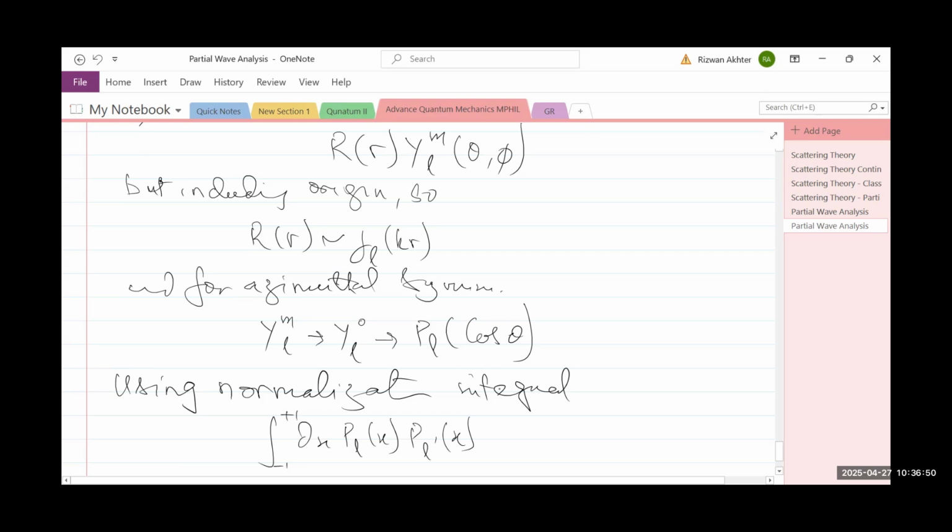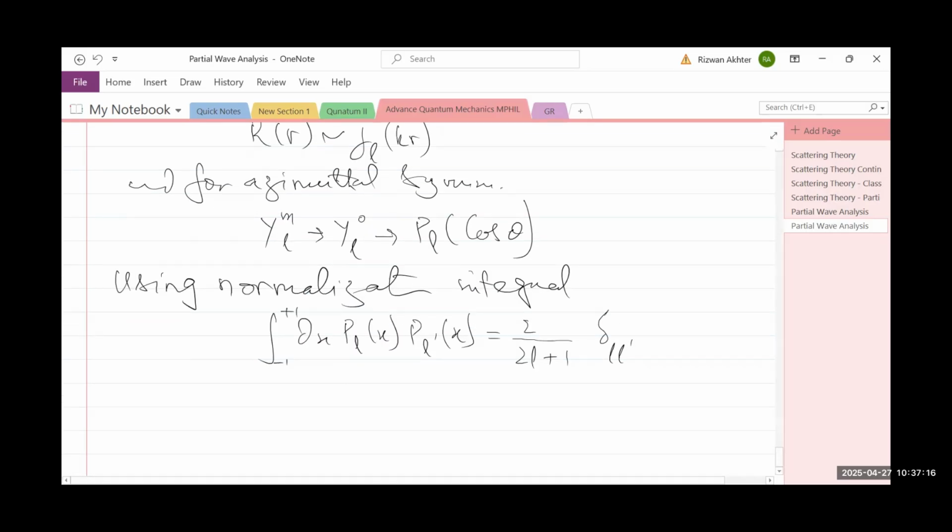Then this is equal to 2 upon 2l plus 1 and Kronecker delta function L L prime. So if L is equal to L prime, then this would be equal to 2 upon 2L plus 1. And if L is not equal to L prime, then that would be equal to 0. That is the normalization integral would be 0.